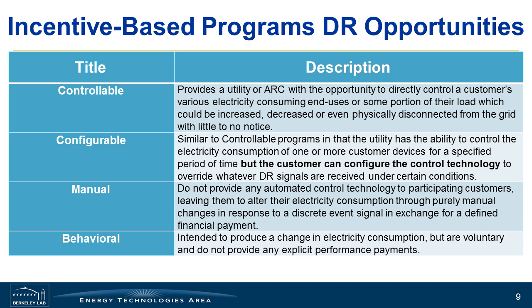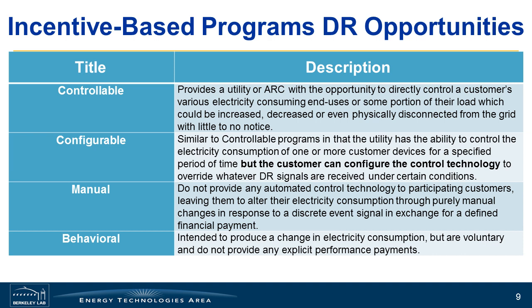So they can say, nope, not today, it's too hot. I'm going to turn that back down. I want my house at 70 degrees. So that would be a configurable type program. So in this case, that means that that type of resource is not necessarily guaranteed as 100% available. Whereas controllable, you know exactly how much you're going to get, given that the device is actually on. Whereas configurable, the customer has some control over that.